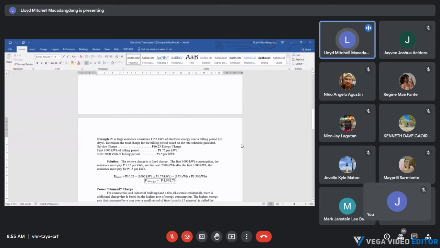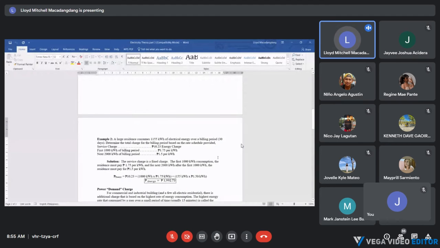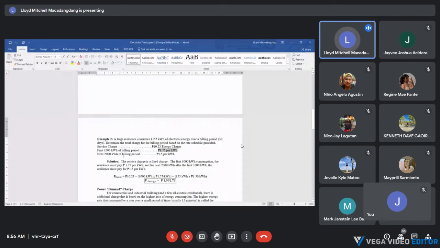So provided here, the service charge is 10.23. For the energy charge, the first 1,000 kilowatt hours of the billing period is 1.75 per kilowatt hour. For the next 2,000 kilowatt hours of the billing period, it is 1.5 pesos per kilowatt hour. The service charge is a fixed charge.